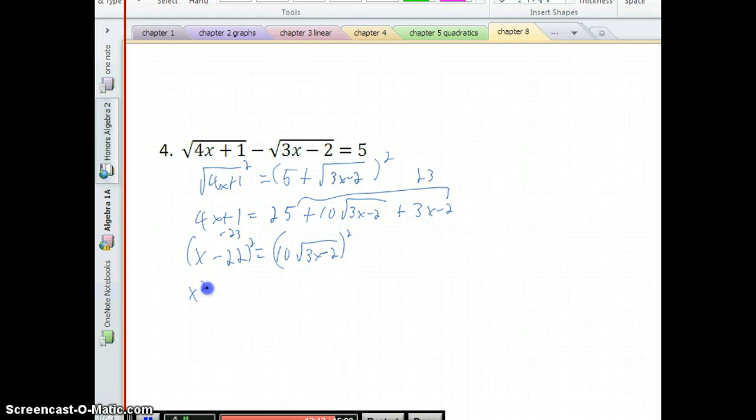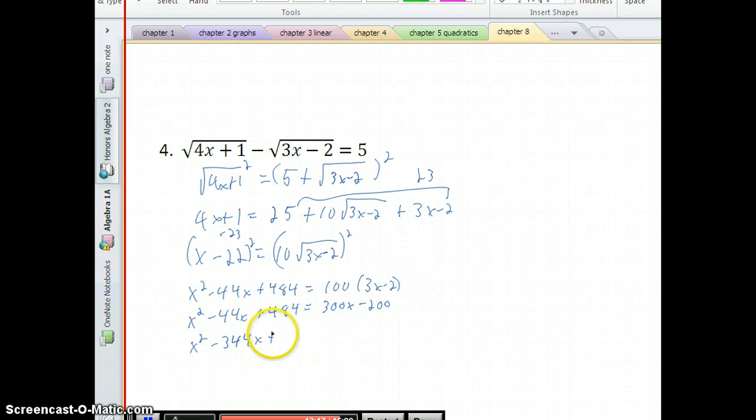So we get x squared minus 44x, and again 22 squared was 484, equals 100 times 3x minus 2. So again, this is a quadratic equation, so we're going to try and get everything on one side.